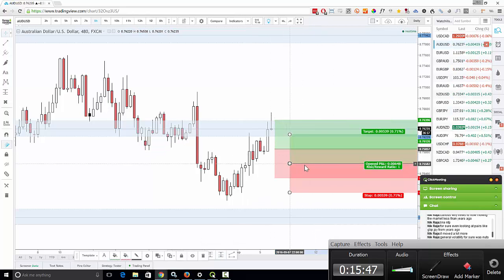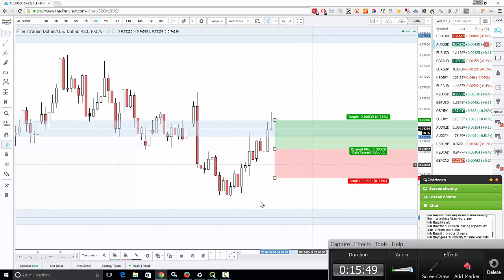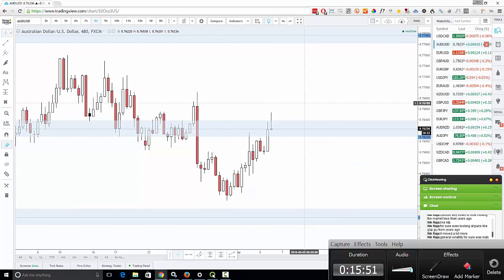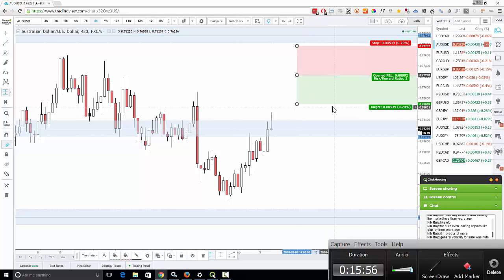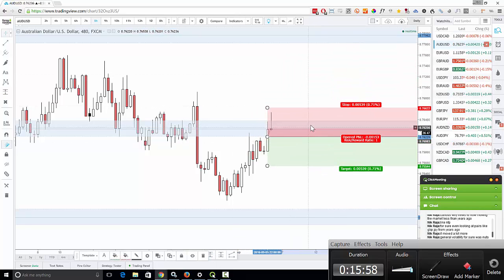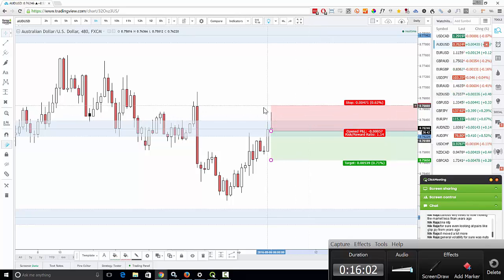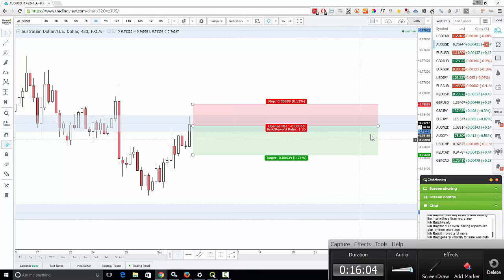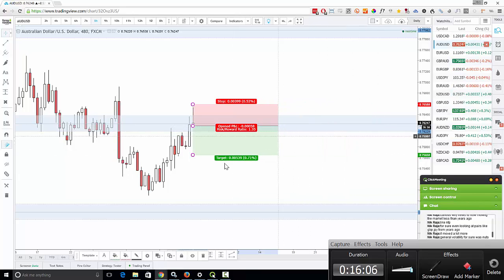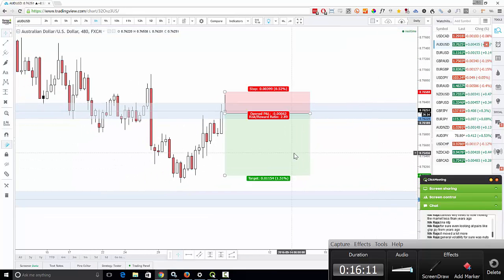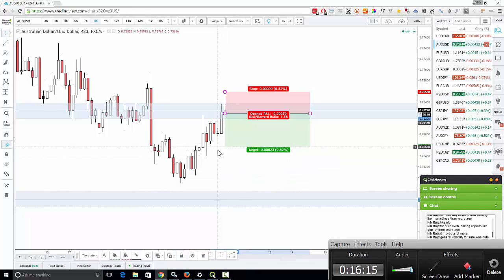Damn it, that's a long position. Okay, there you go. Yeah, we got a decent risk to reward ratio, even if we pull our target up here. Yeah, we do.